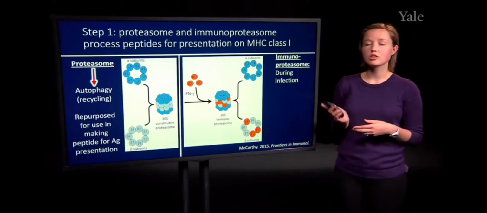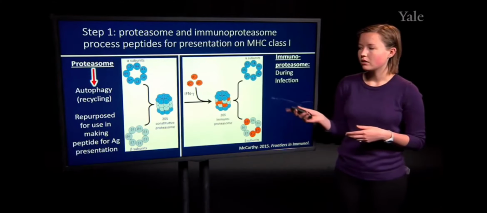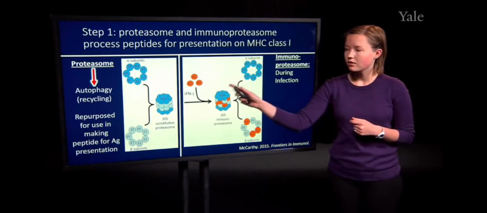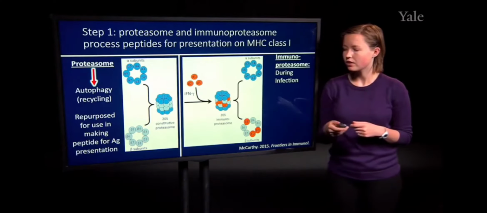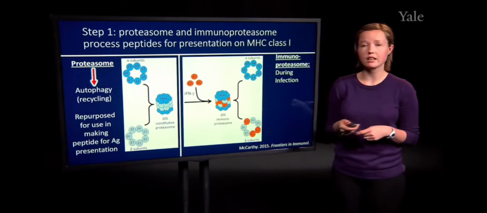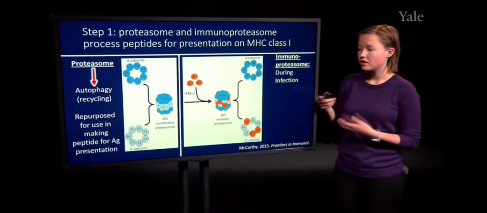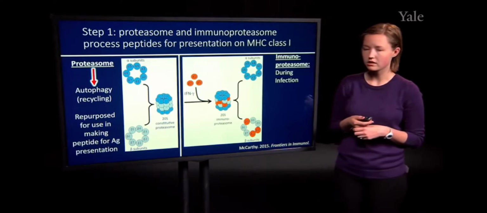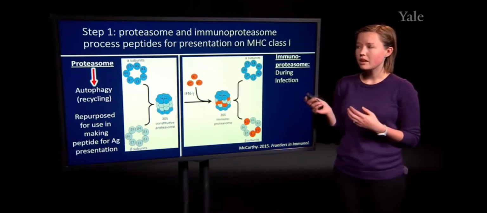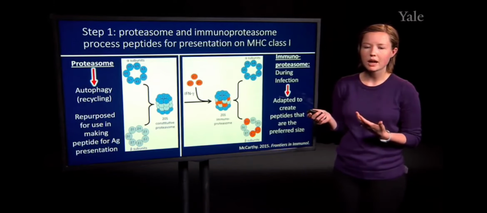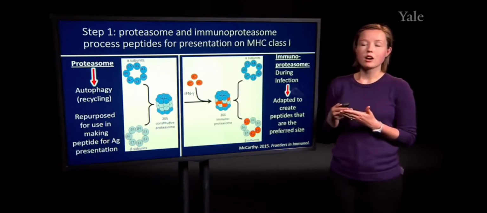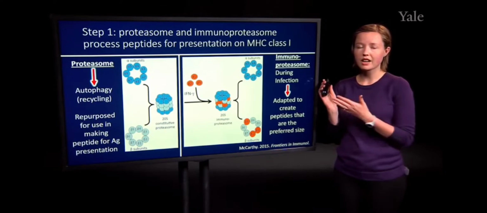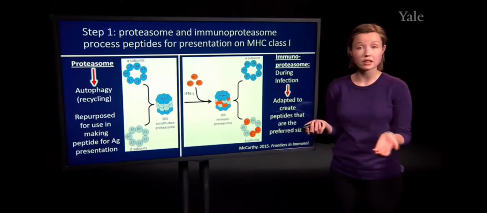So it can be communicated to cells through the presence of different cytokines, for example, interferon gamma, during an infection to produce these other subunits that can be present in this proteasome. And the difference mainly here is that it will cleave peptides that are the appropriate length to bind to MHC class 1. So this provides peptides that are the preferred length, as we remember, which is 8 to 10 amino acids.